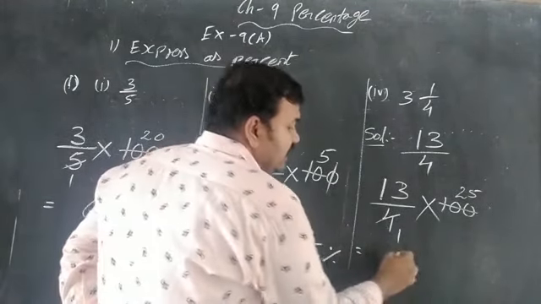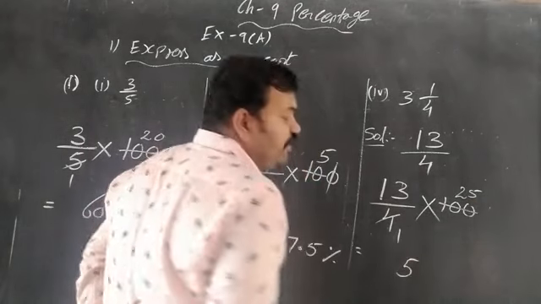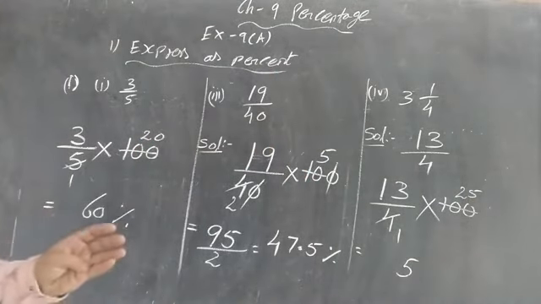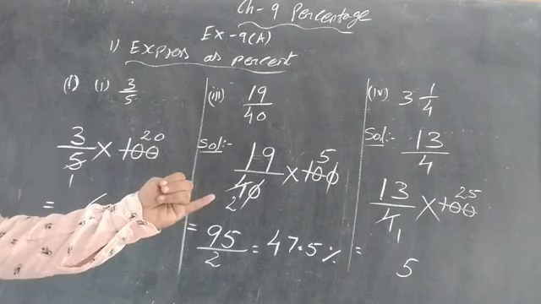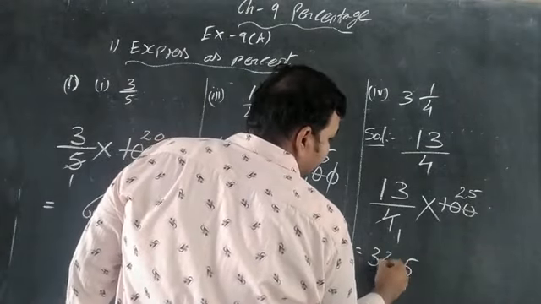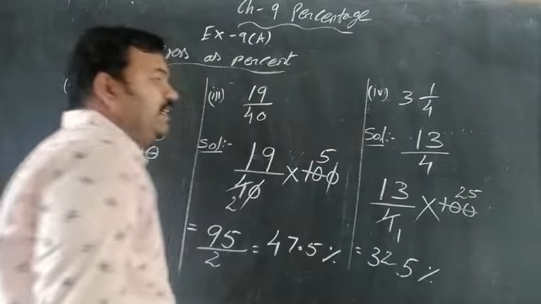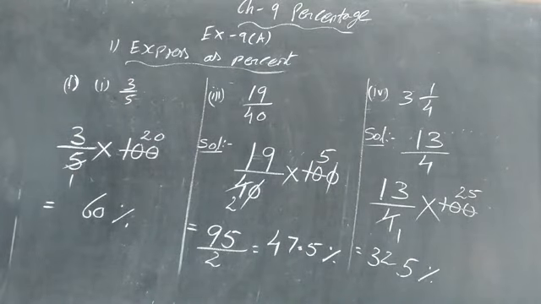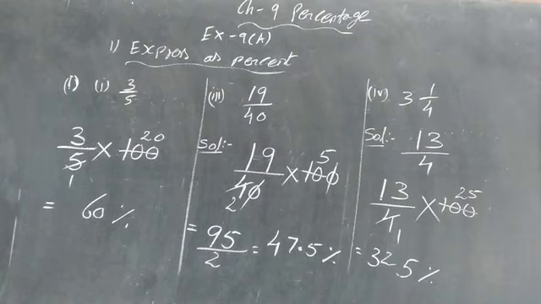Multiplication: 25 threes are 75, 25 ones are 25, which gives 325 percent. Like this we have to write.